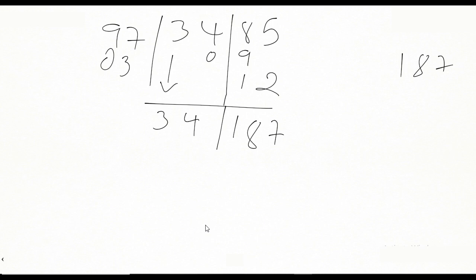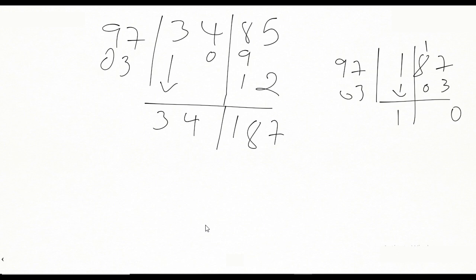187 divided by 97. 03 is the complement. Take 1 as it is. Then 03 into 1 is 03. Add 7 plus 3 is 10.